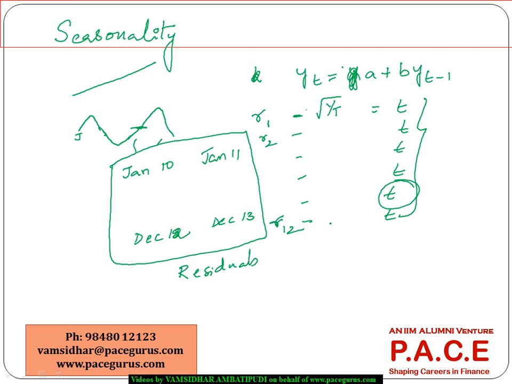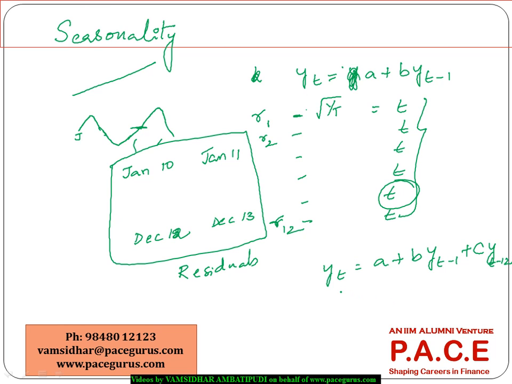If the autocorrelation is present, all I should do, along with considering yt equal to a plus b yt minus 1, is also consider c yt minus 12 as one more independent variable in my regression analysis.